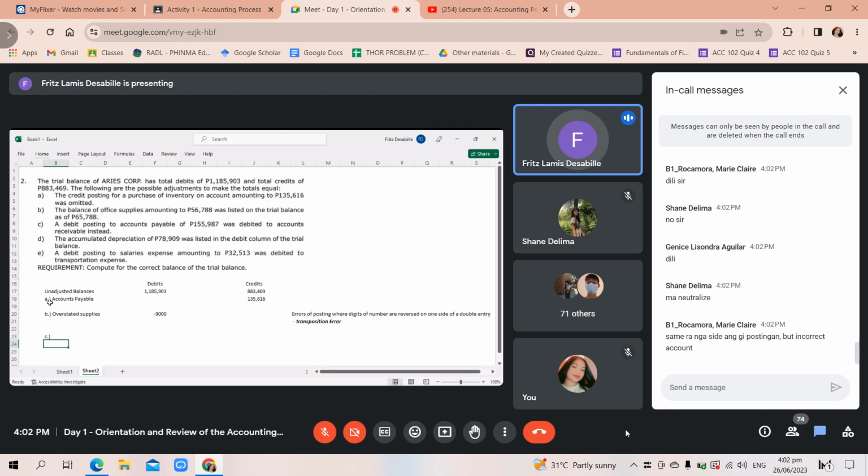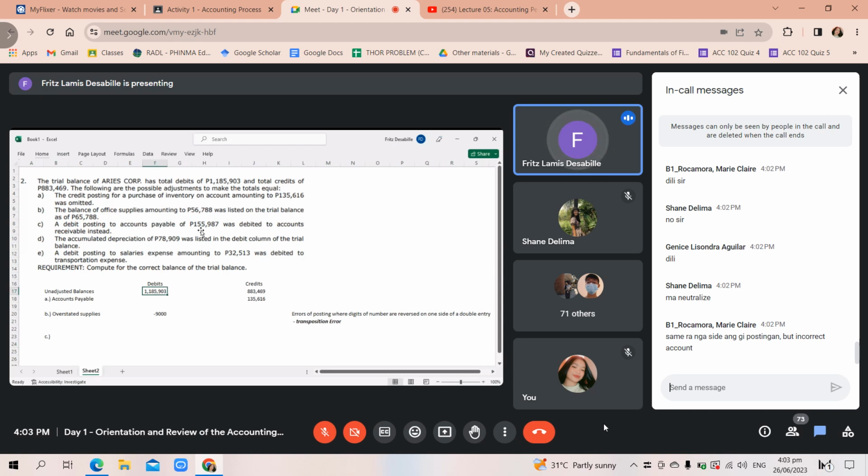So what happens to our debits? Unsa atong debit sa kaning nga entry? Na overstate or na understate?